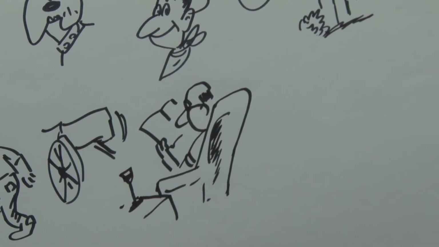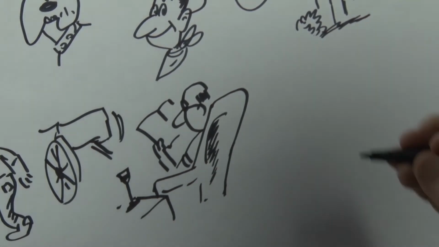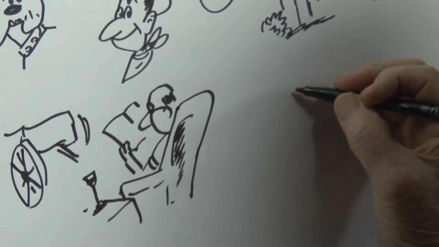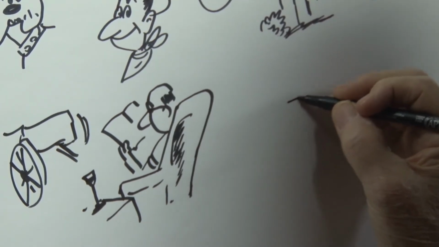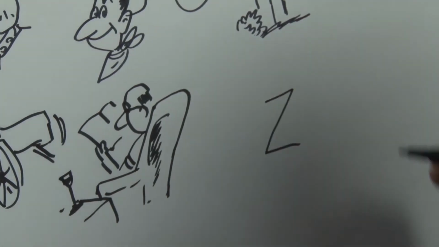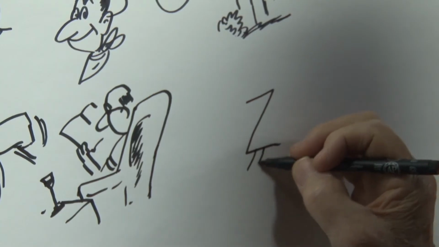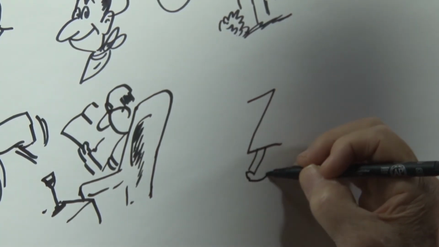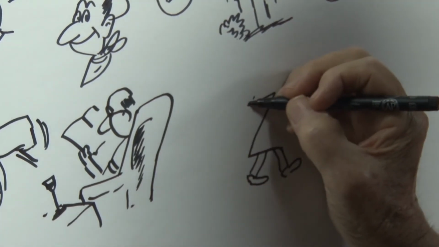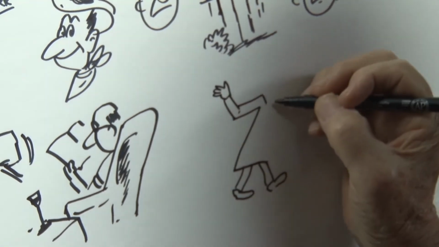Well, this brings us close to the end of the alphabet. We're right at it. So let's take a look at Z. Well, since we're getting close to the end of the program, let's try to make this appropriate to this.